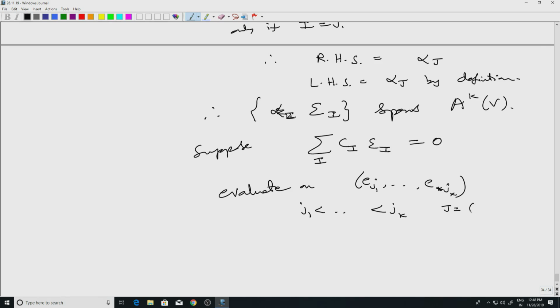Let's call this multi-index J. If I evaluate on this, then the same logic gives us delta_IJ equal to 0, which implies the only term which will survive is when I equals J. So I'll get C_J equal to 0.